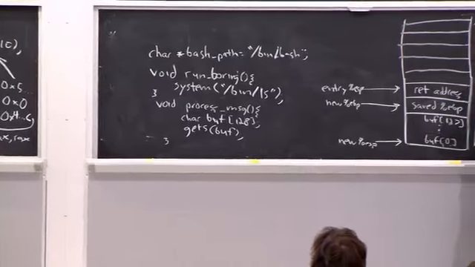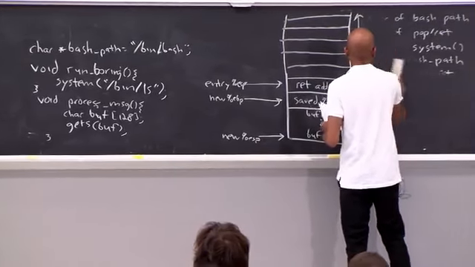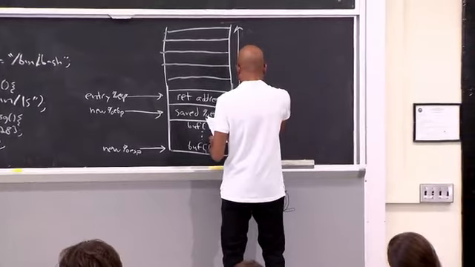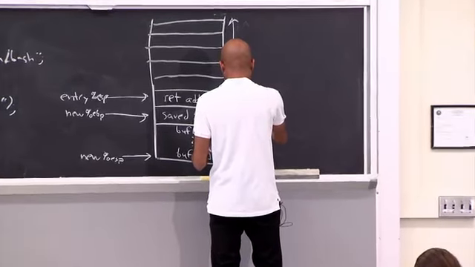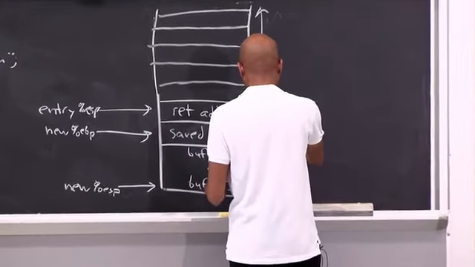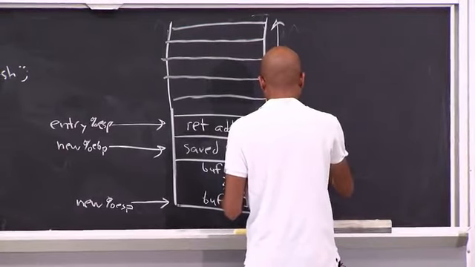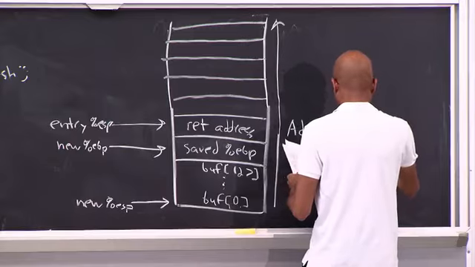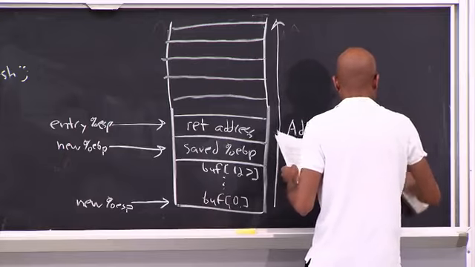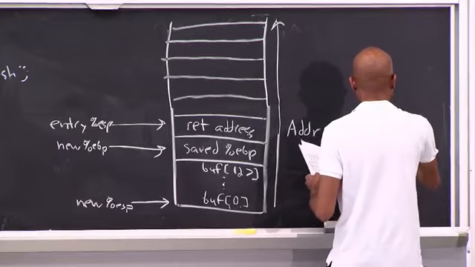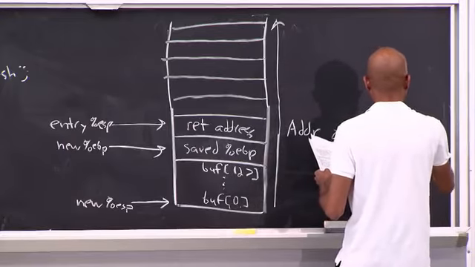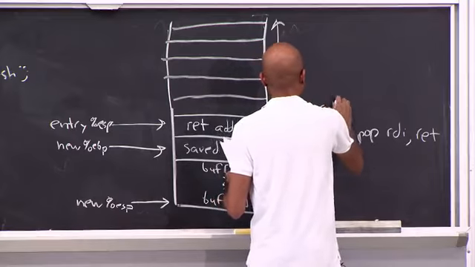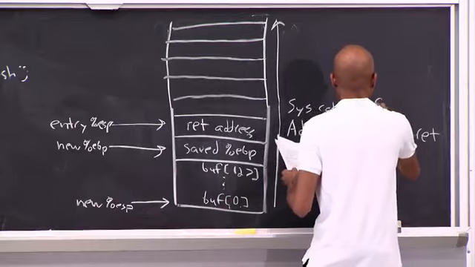So we'll do something like this. Here for the return address, we'll put the following. Let's say we have one gadget that pops the RDI register, then does a ret. And then up here, we'll put the syscall number for pause.